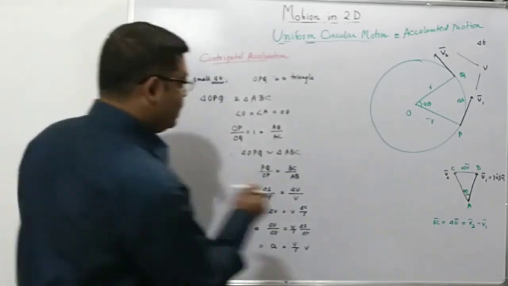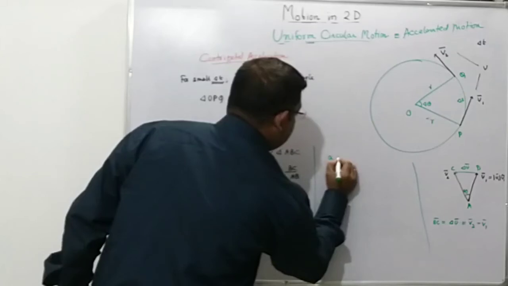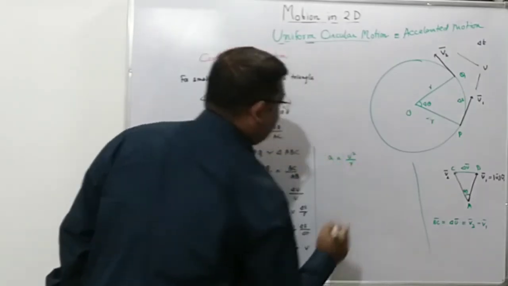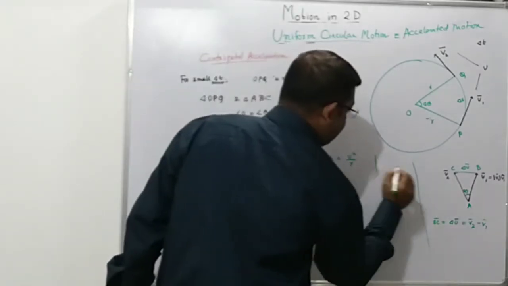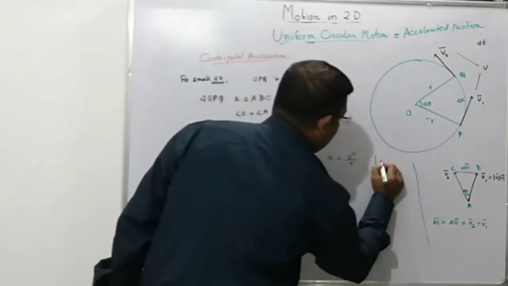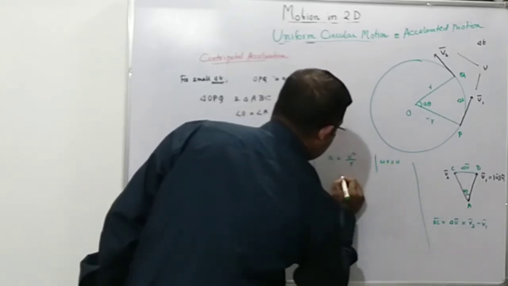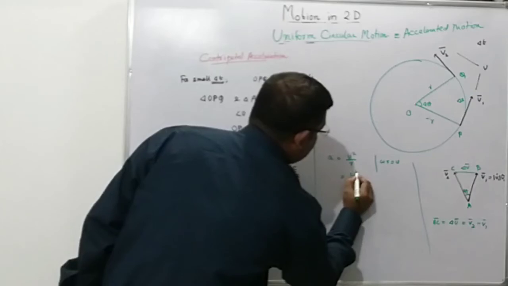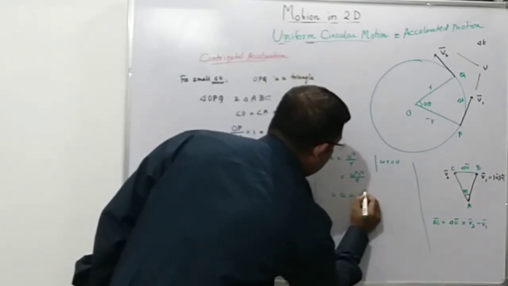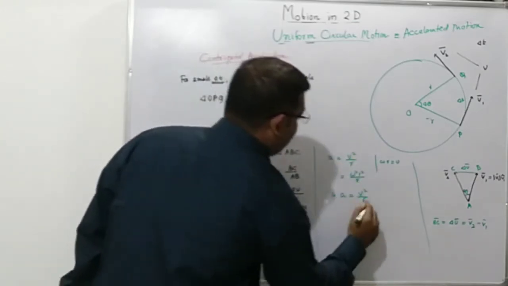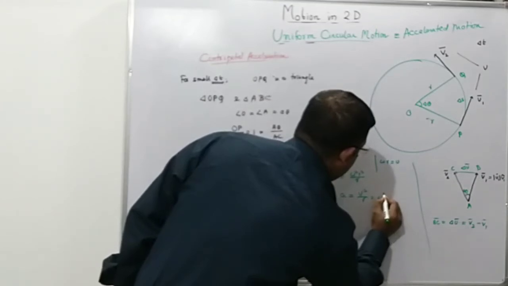So we can rewrite these equations as A is equal to V square by R. But we have just found a little while earlier that omega R is equal to V. So we can rewrite this as omega square R square by R. That is, A equals V square by R, and from here we get omega square R.